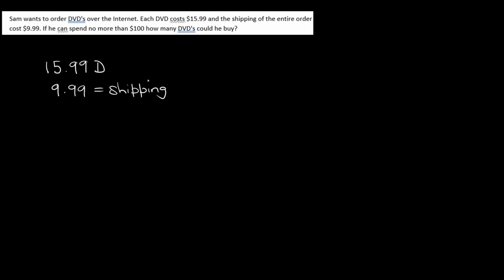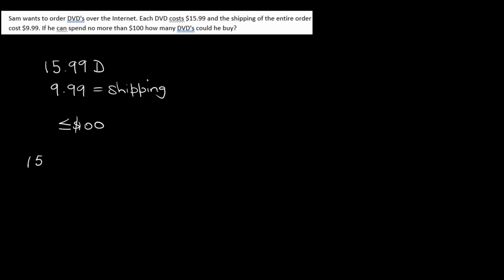And he can spend no more than $100, which means his order should not exceed $100. And so we'll have 15.99D, where D is the number of DVDs, plus $9.99, which is the shipping cost, should be less than or equal to 100.